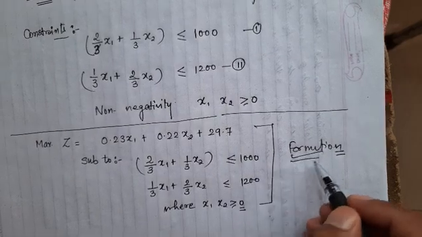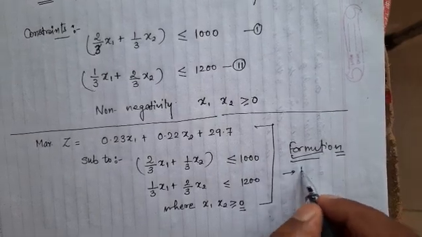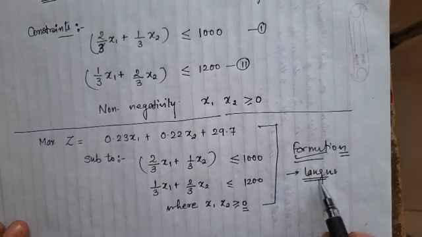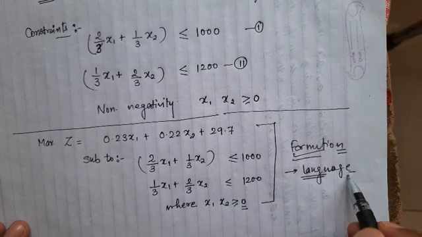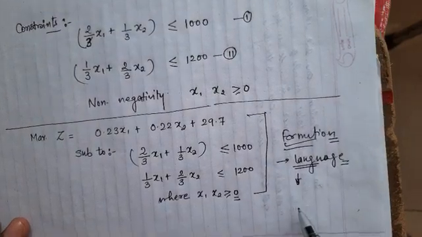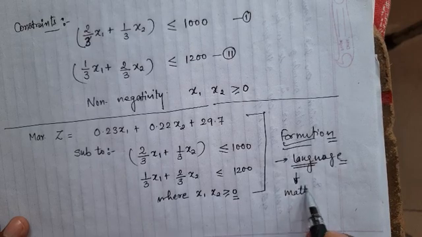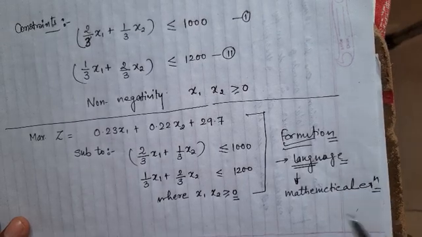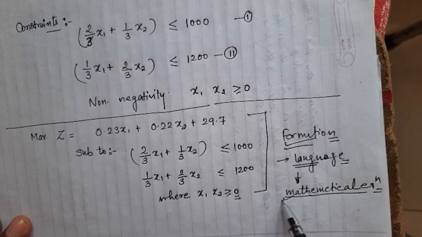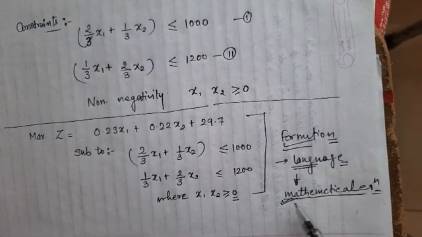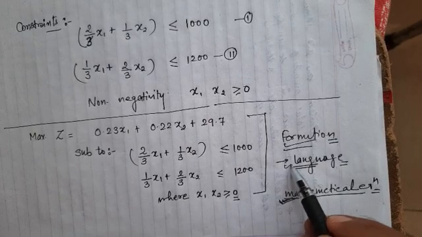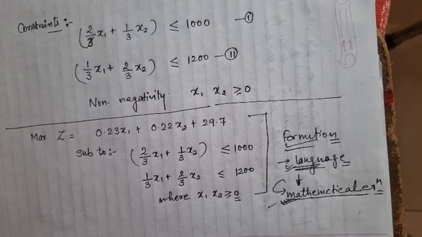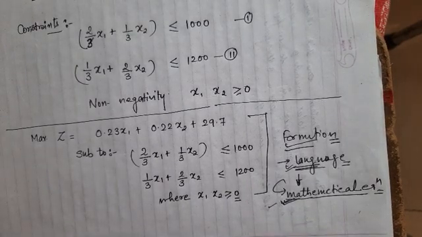Formulation means basically converting the language of the problem into some mathematical equations. There is no coding to do here. In a linear programming problem, programming means writing the language of the problem in terms of mathematical equations, and then we will look at how to solve these mathematical equations.